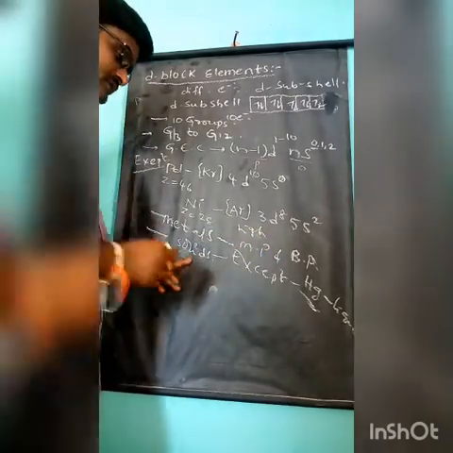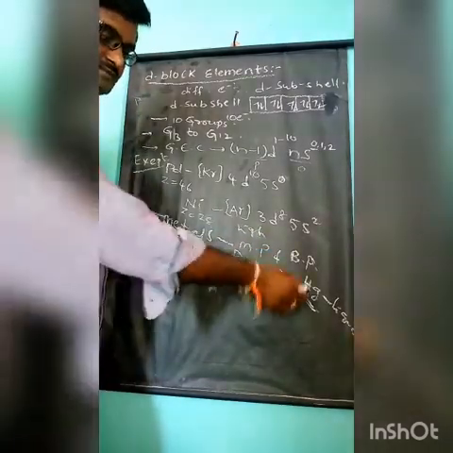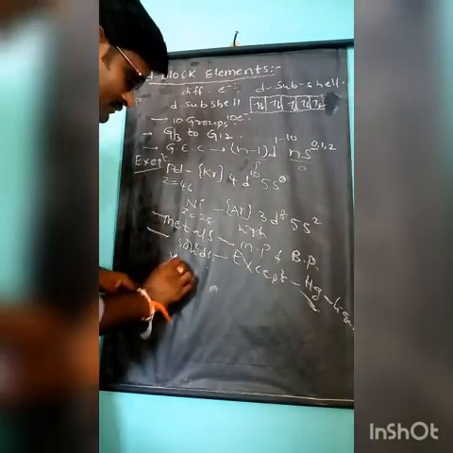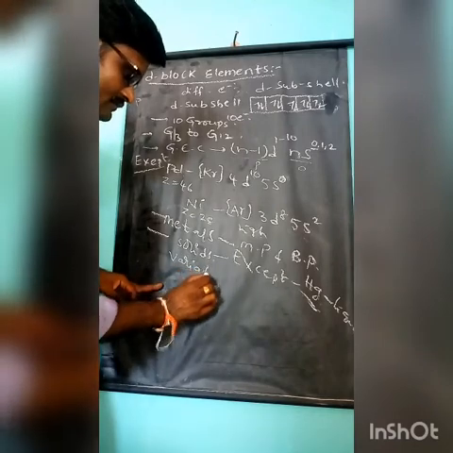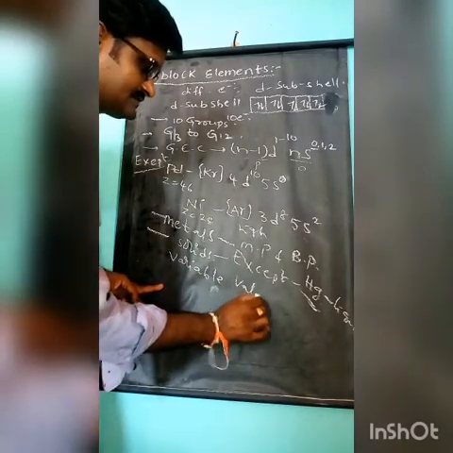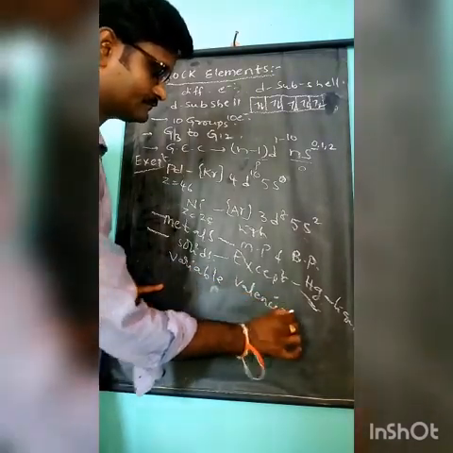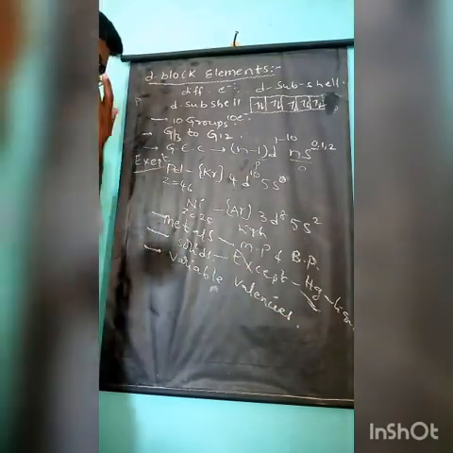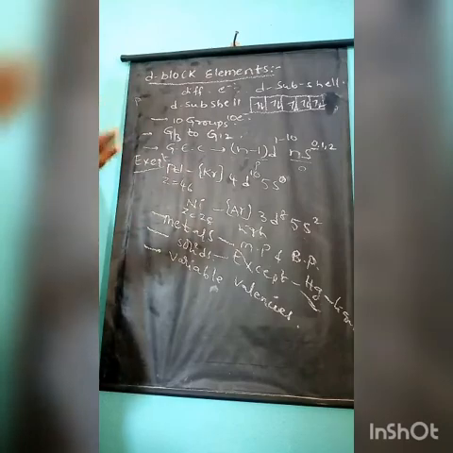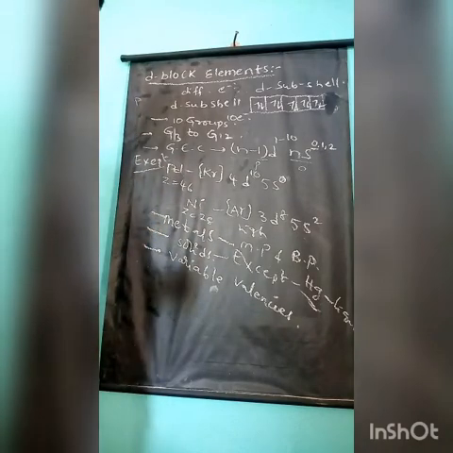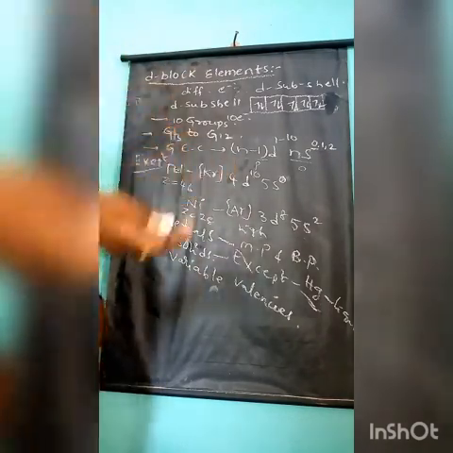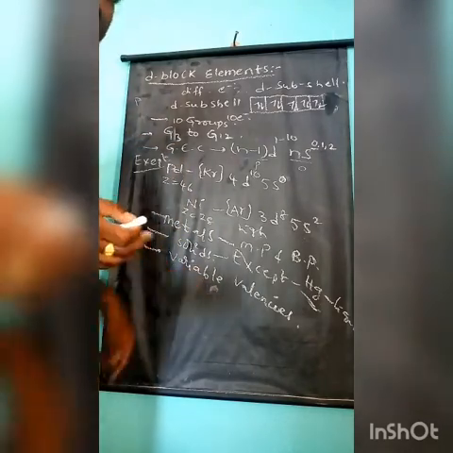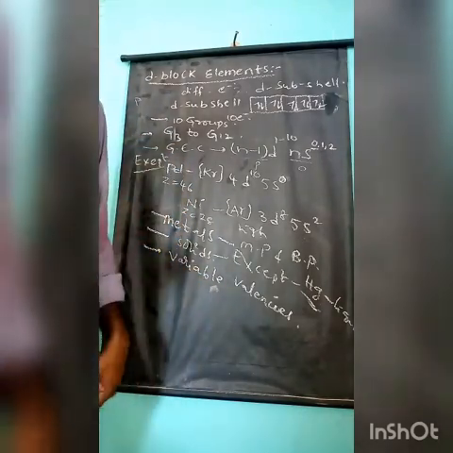They are mostly solids in nature, except one liquid metal, that is mercury, Hg. And they show variable valencies, not fixed valencies. S block elements only have fixed valencies, whereas P block and D block elements show variable valencies.